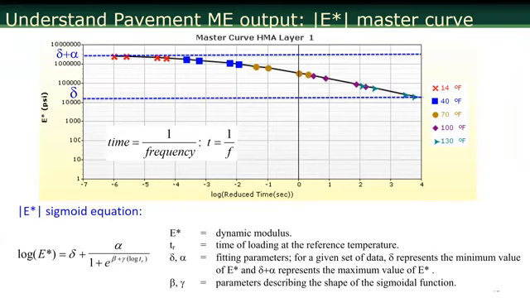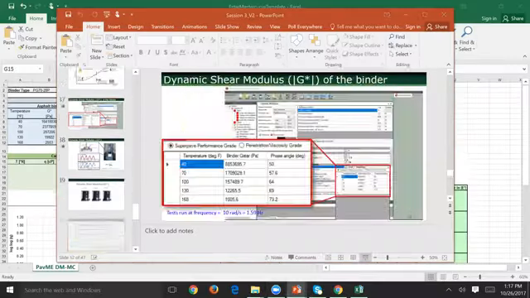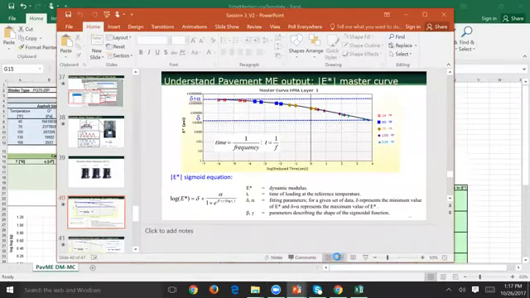And the sigmoid equation: delta plus alpha divided by 1 plus e to the power of beta plus gamma times the logarithm of t sub r. This is the same equation that we used to develop the master curve. I'm going to go back a few slides and I'll come back here.